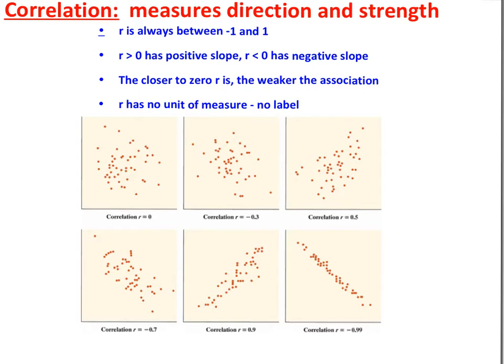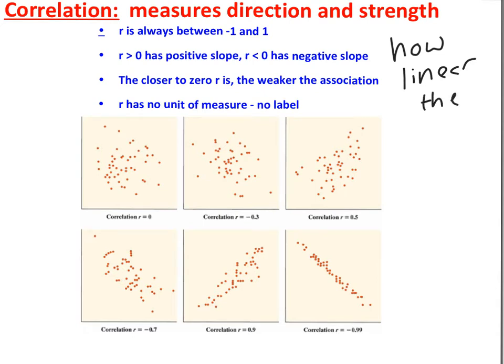So here is kind of generally how R works. The number one thing I want you to know about it is it measures how linear the association is. And that really goes back to strength.